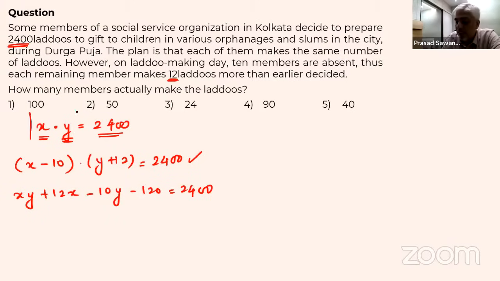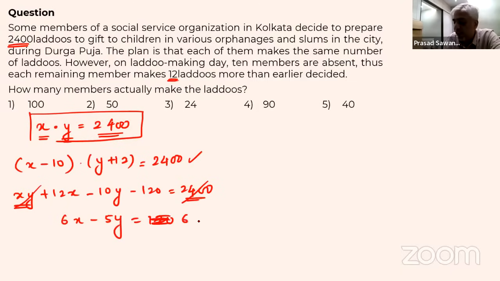From the earlier equation, I know XY is 2,400, so 2,400 cuts. Divide by 2, you'll get 6X minus 5Y is equal to 120. Sorry, is equal to 60, you have divided by 2. And then you write Y is equal to 2,400 upon X, and you make a quadratic equation and solve.